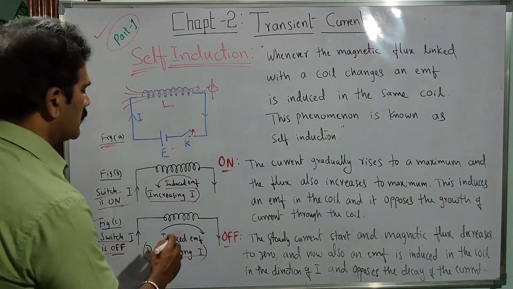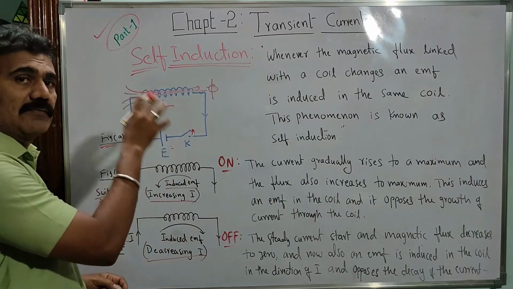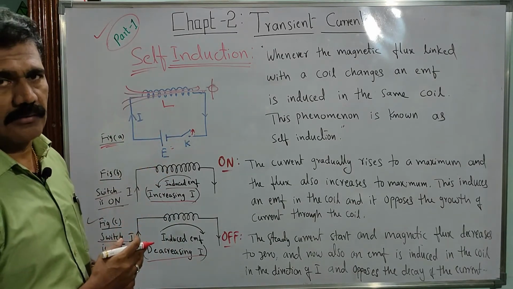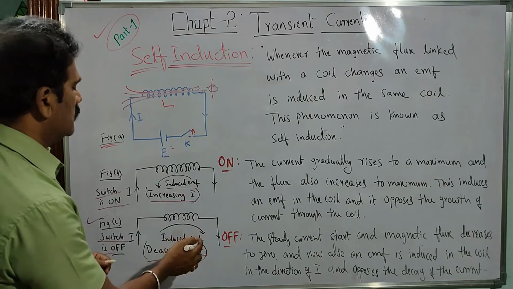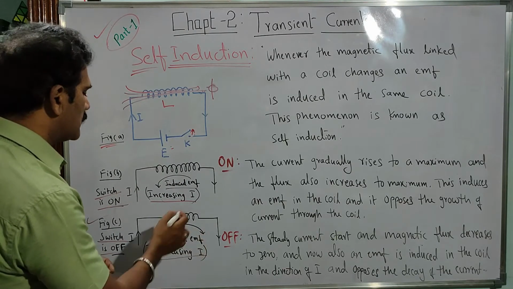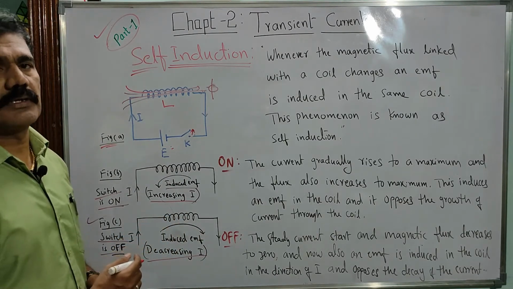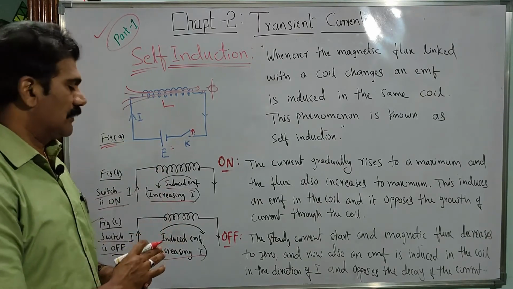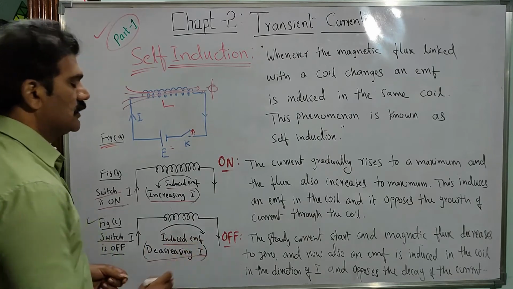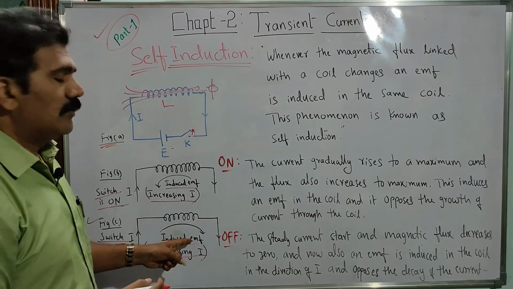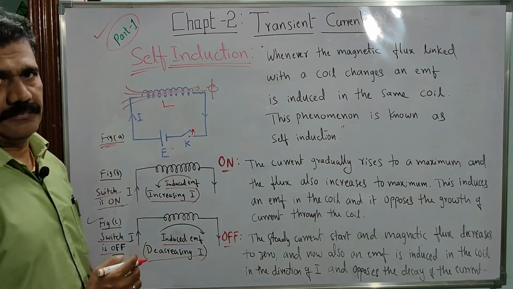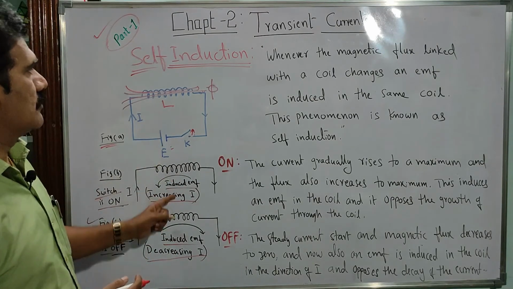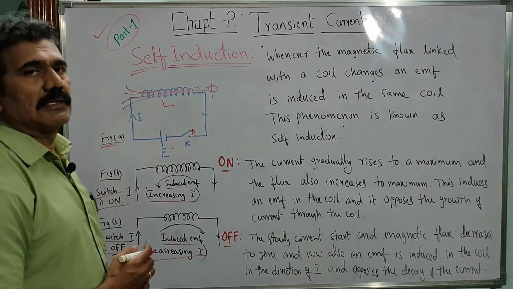During the decreasing of the current, a change of magnetic flux again takes place in the coil, and that change of magnetic flux opposes the decrease of the current also. That is called opposing the decay. Decay of the current is also opposed by this induced EMF due to the magnetic flux changes in the coil. This is the concept of self-induction.